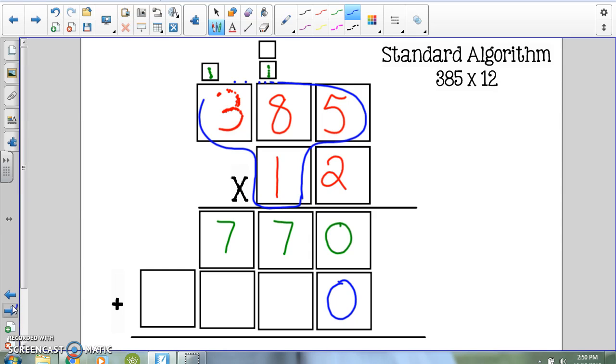So now 1 is going to dance with our 5. 1 times 5 is 5. 1 times 8 is 8. And 1 times 3 is 3. We can cross out the numbers we've already used.